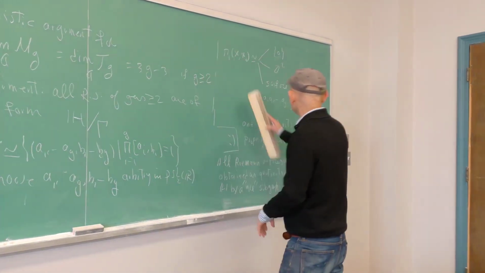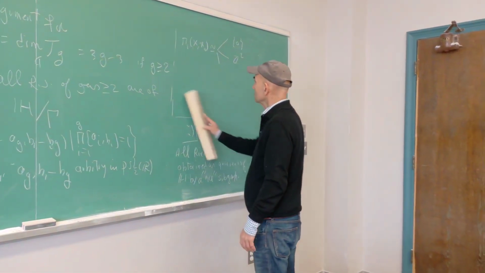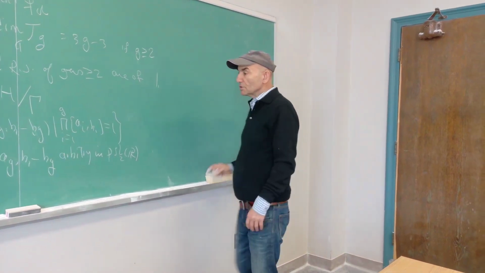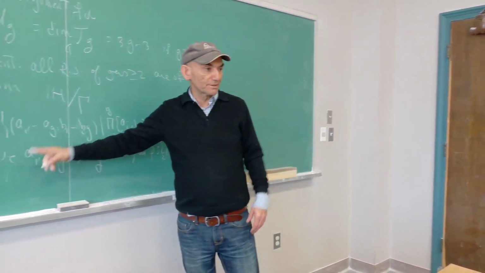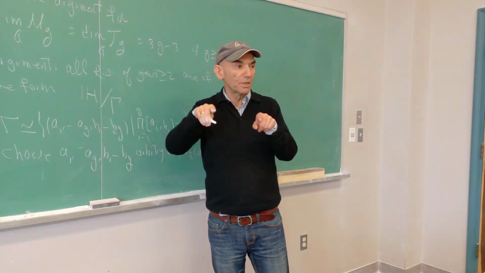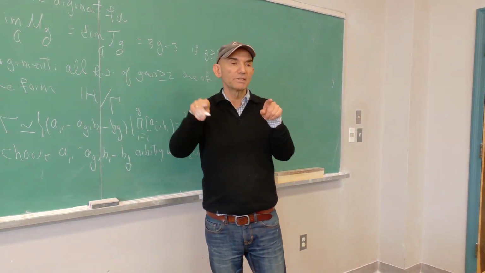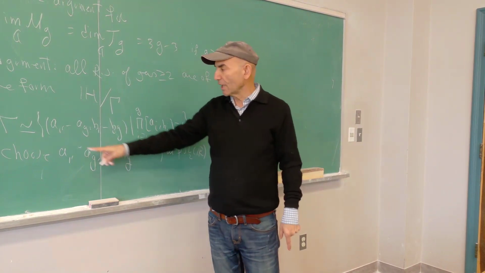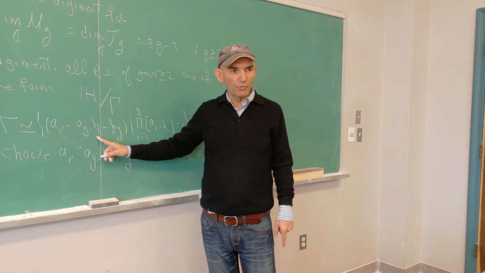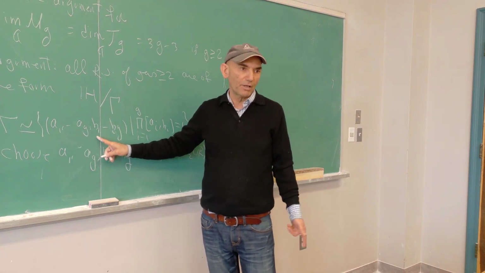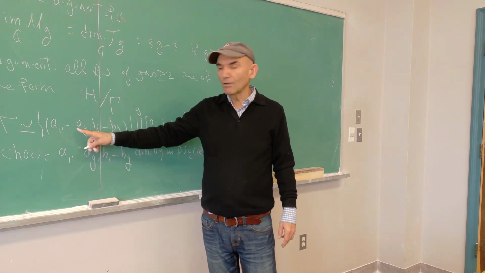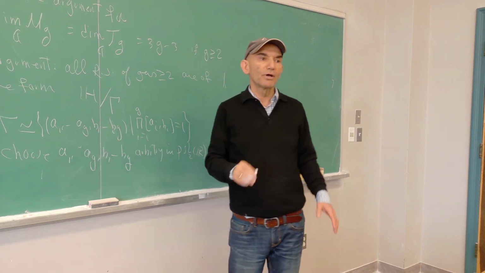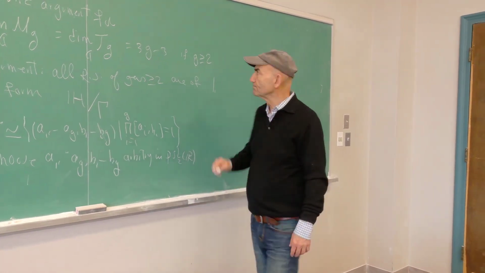For each one, you have 3 degrees of freedom, because a matrix (a, b; c, d) is fixed by 3 numbers. So you have 3 degrees of freedom for A1, 3 for B1, so 6 degrees of freedom for A1, B1. Then another 6 degrees of freedom for A2, B2, and so on. So basically, you have 6g degrees of freedom.